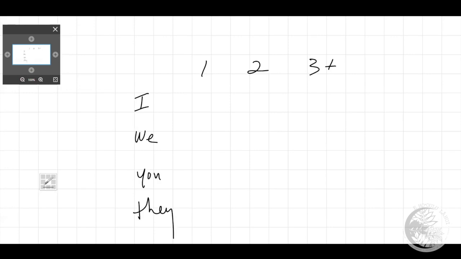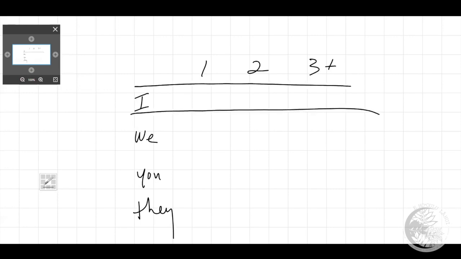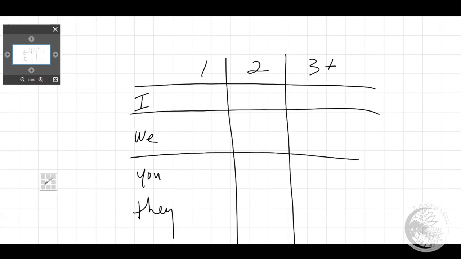So you notice in English, I, we, you, and they are the only ones, whereas in Hawaiian, what you find, we have really a lot more. So if I were to create a box here, and I want to distinguish. So I as myself. And I would say, oh.